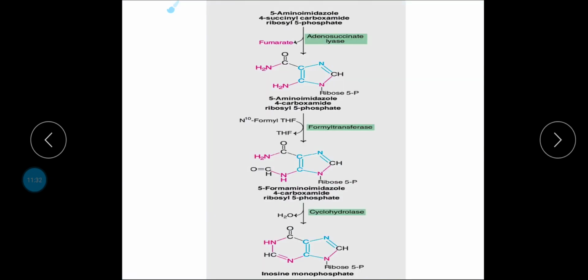After entry of aspartate, there is removal of fumarate, leaving behind the amino group here, then entry of formyl, then again the cyclization or second ring formation, and finally we get the inosyl monophosphate, which is the basic purine nucleotide molecule. Hope now that this cycle is clear to you all.